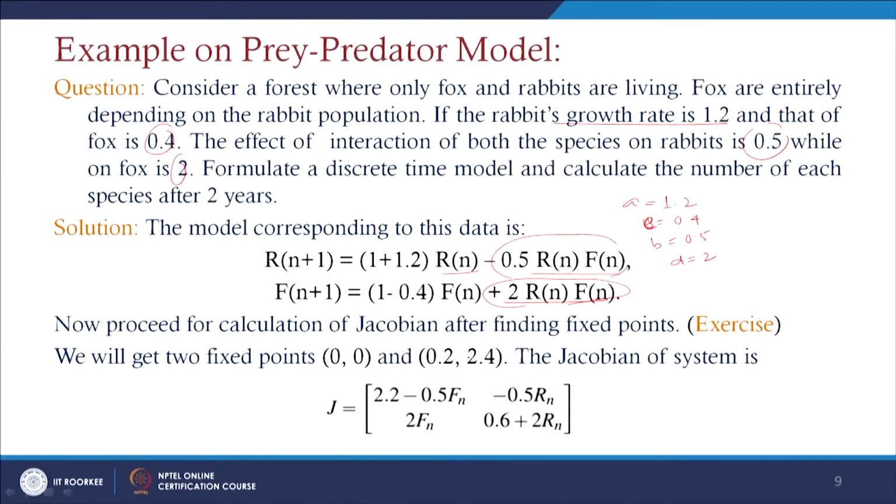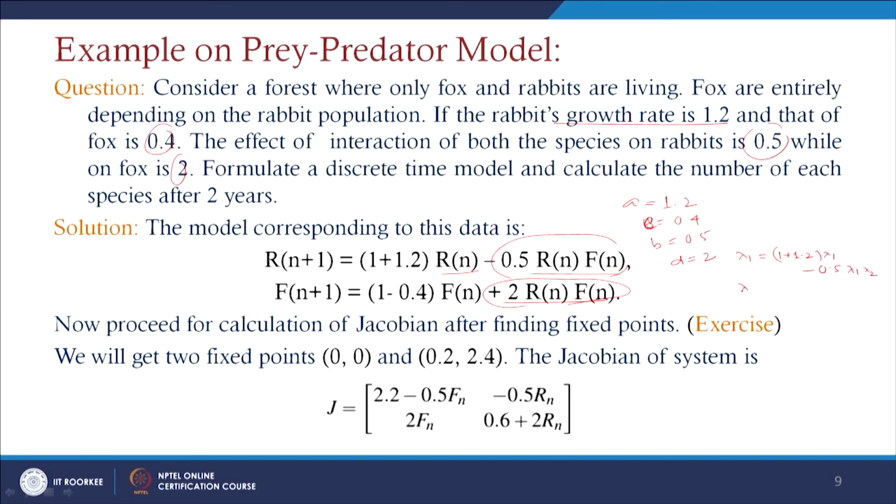If we proceed to find the population levels using fixed point analysis, we get two fixed points, that is (0, 0) and (0.2, 2.4). Directly we can put lambda 1, which can be written as 1 plus 1.2 lambda 1 minus 0.5 lambda 1 lambda 2.